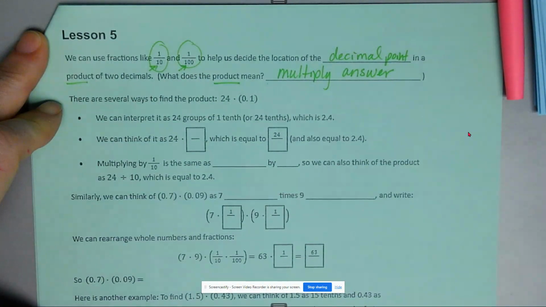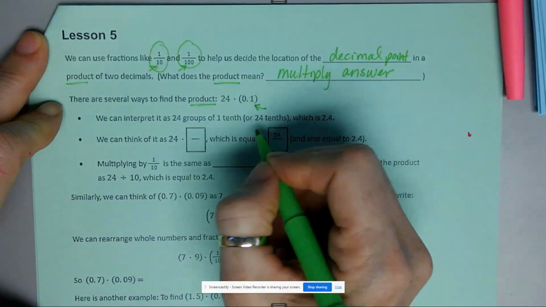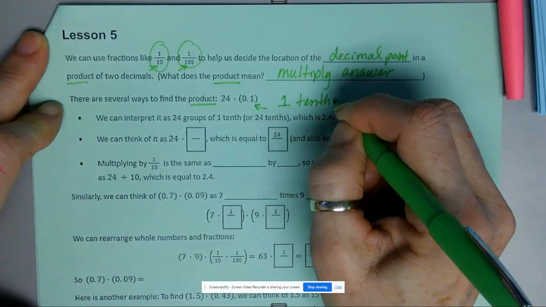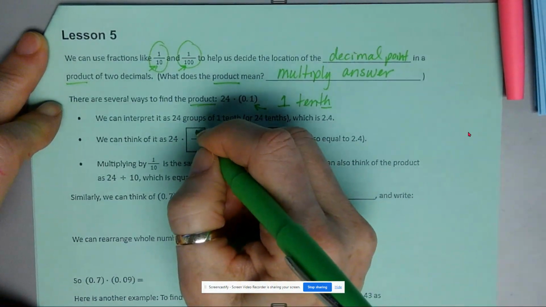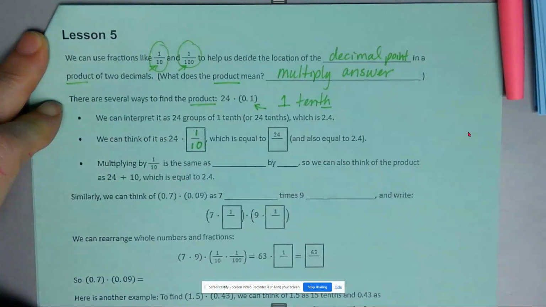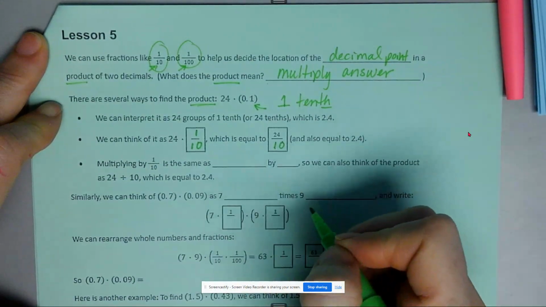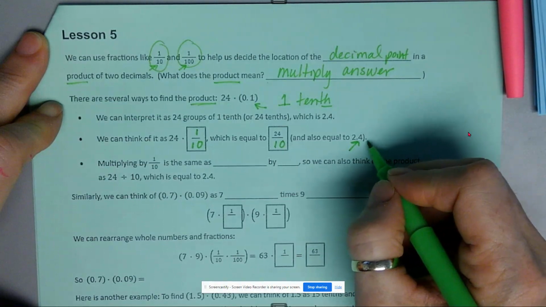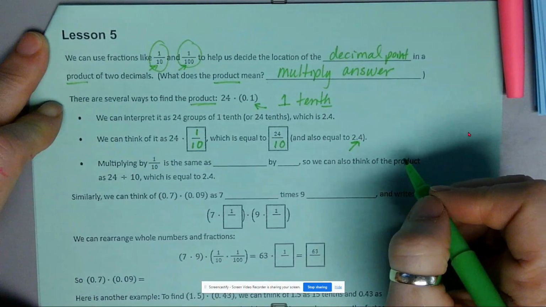So here are several ways to find the product, meaning we're going to multiply 24 times 1/10. We can think of 24 groups of 1/10, which is equal to 24 tenths, which can also be said 2 and 4 tenths.